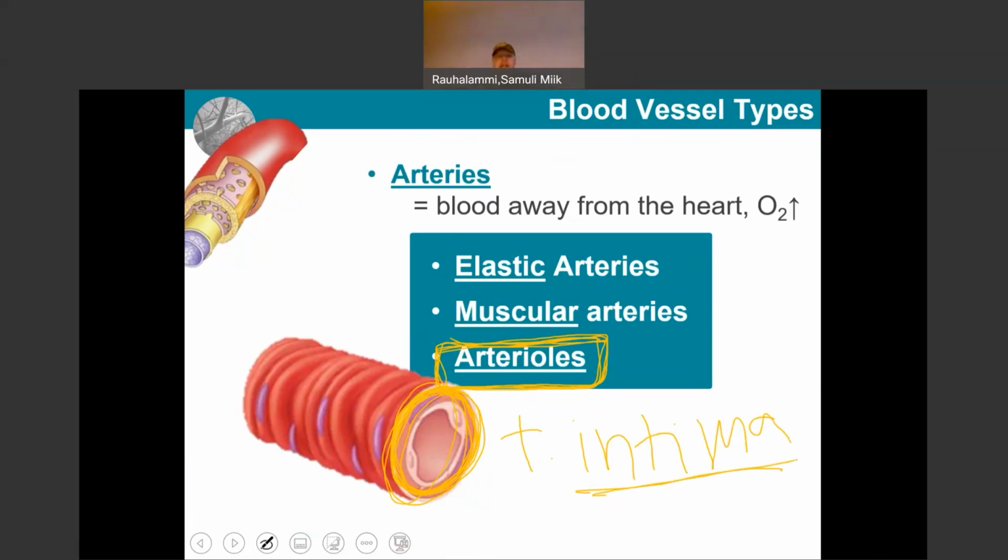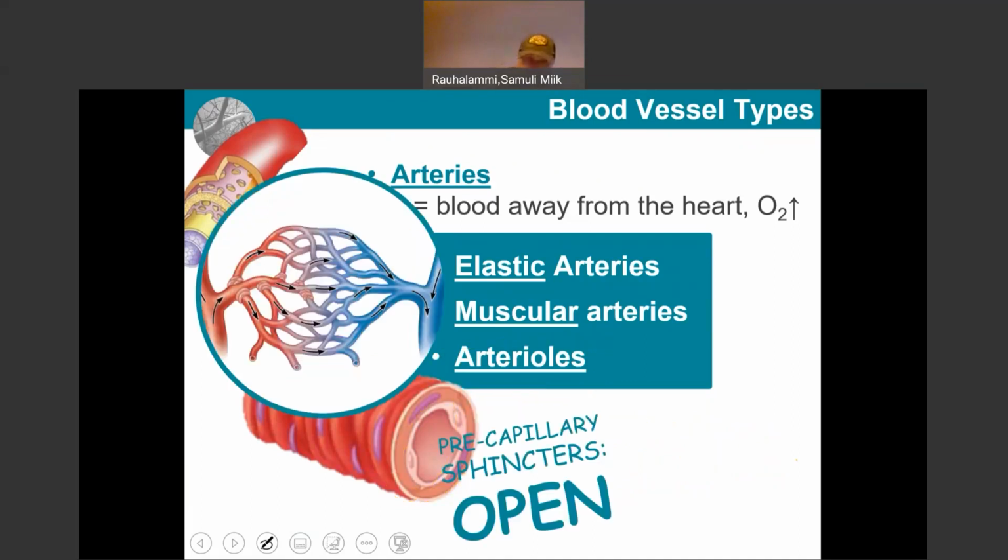And there's another important structure that I want to discuss when it comes to the arterioles before the capillaries. And this is our pre-capillary sphincters. So what are pre-capillary sphincters? These are bands of muscle tissue before we get to the capillaries.